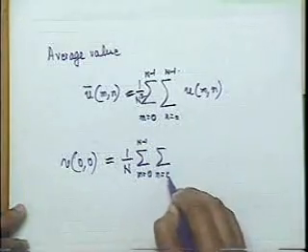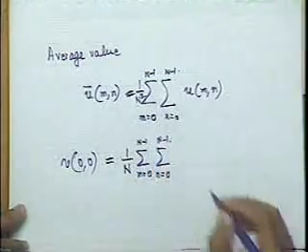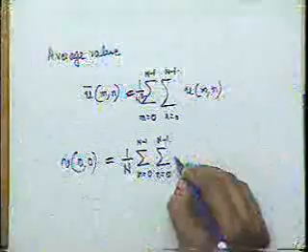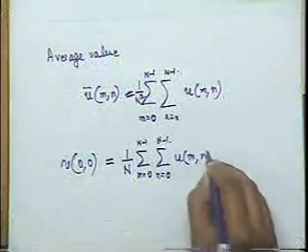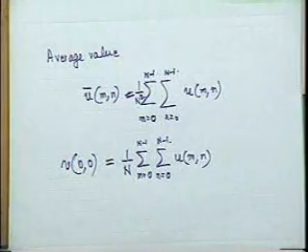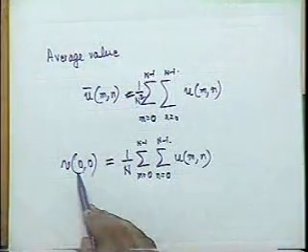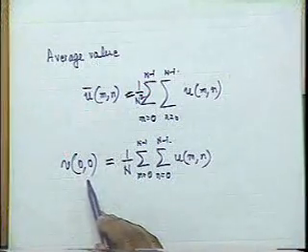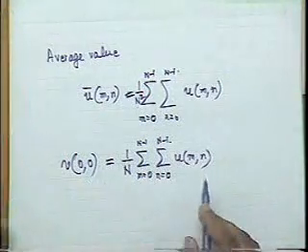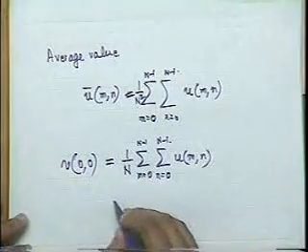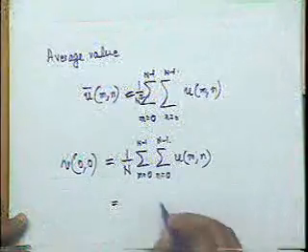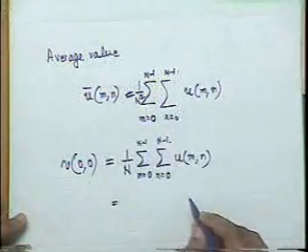And what is the term written over here? Simply u of mn, because the complex term becomes equal to unity, as the indices are 0, 0. And this is equal to 1 upon n times the summation, which is n times the average value.